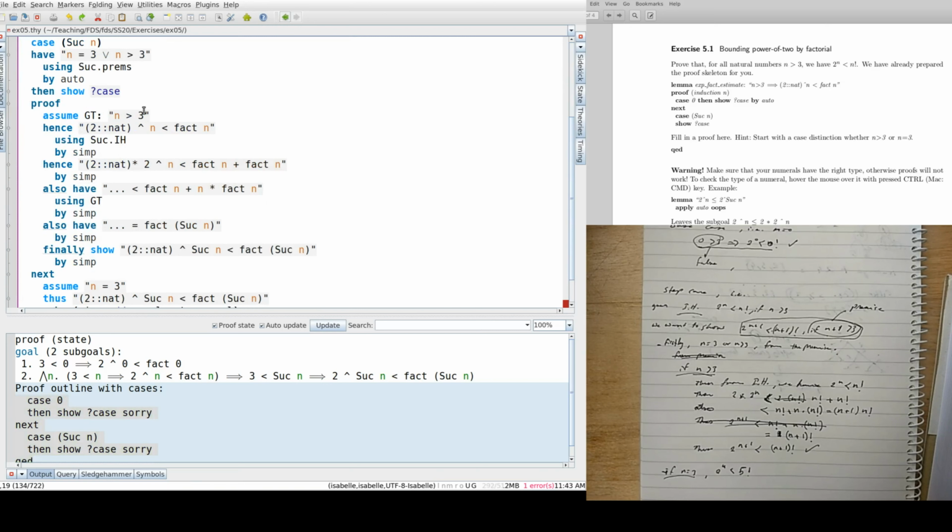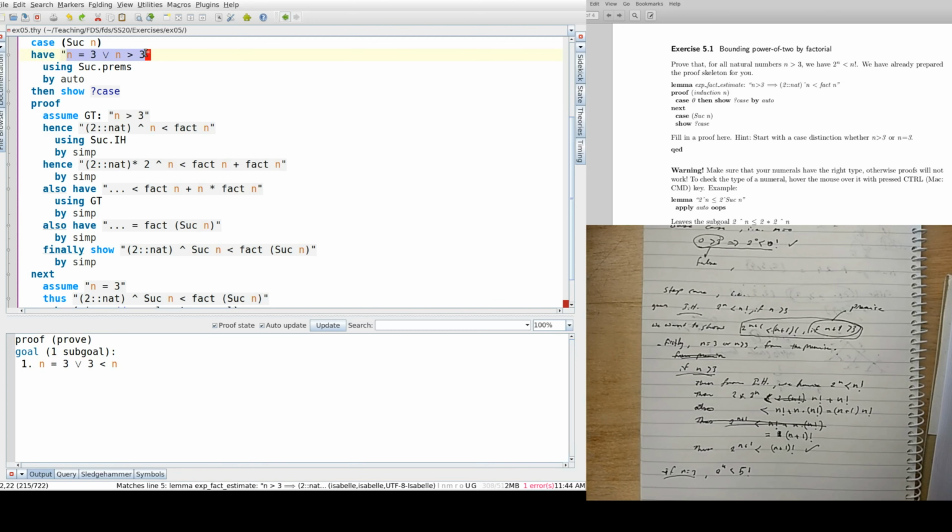In the step case, I was showing you how to use Isar to prove things in which you have different cases, and what that means is that if you have something and you have different proofs for different values of that thing, then what you can do is prove that the n, for example, here will only fall under specific ranges of values.